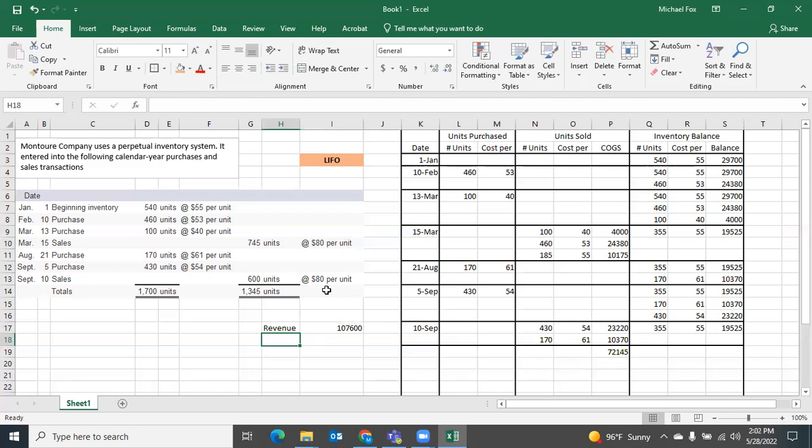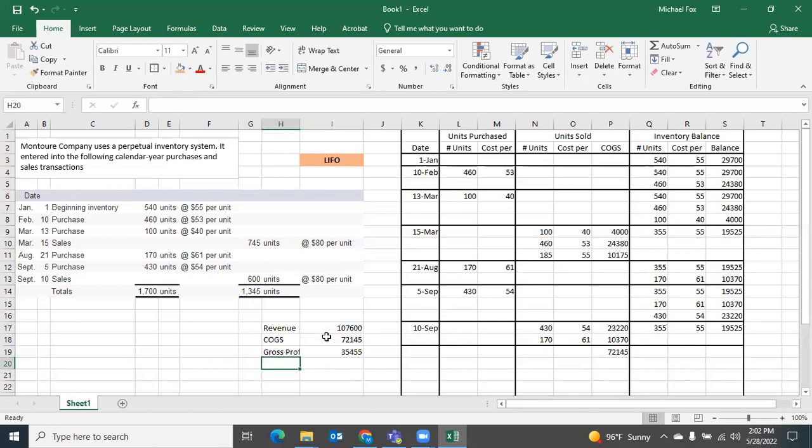So the revenue is 107,600. Cost of goods sold, we just figured out right here. So our gross profit is our revenue minus our cost of goods sold. And there we go. So there's our perpetual inventory record using last in, first out.